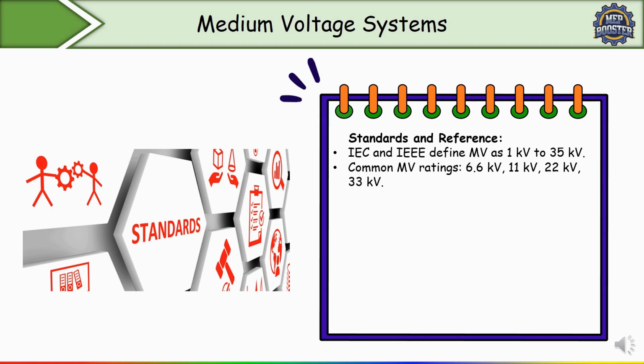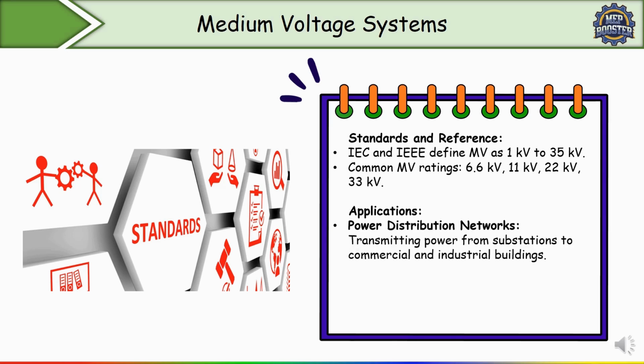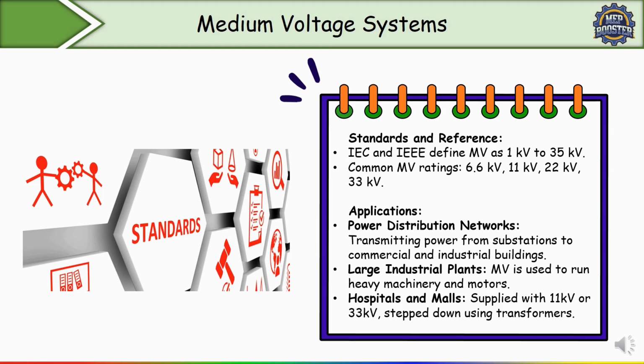Remember here, medium voltage equipment includes medium voltage switchgear, circuit breakers, MV transformers, cable terminations and joints. These are the medium voltage equipment. You can use this medium voltage system in power distribution networks, in large industrial plants, hospitals and malls.